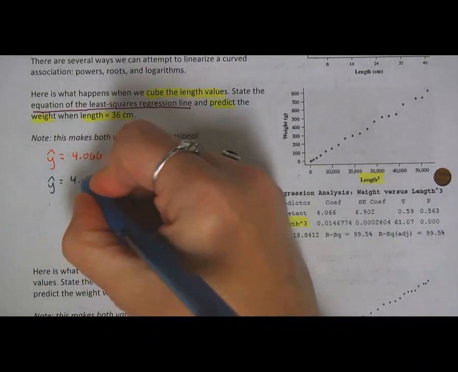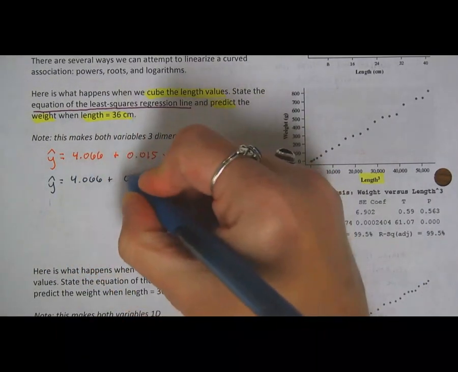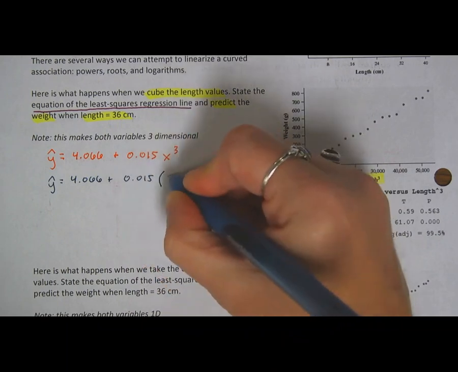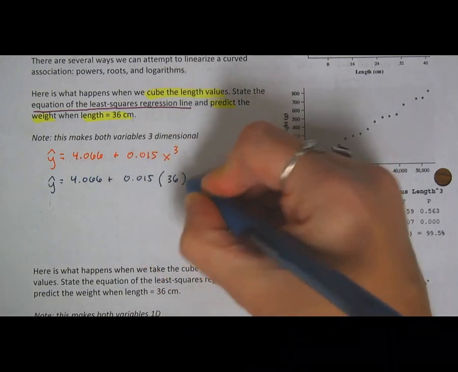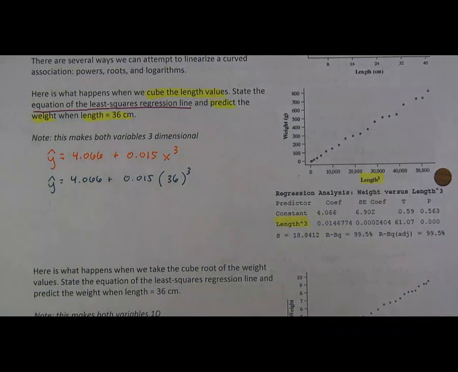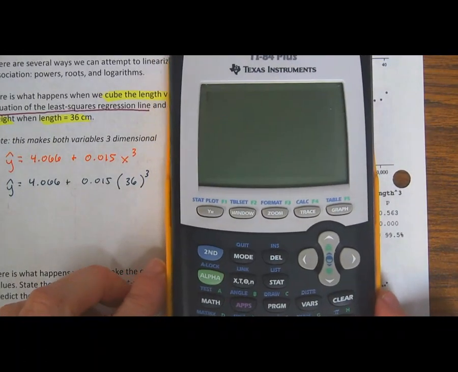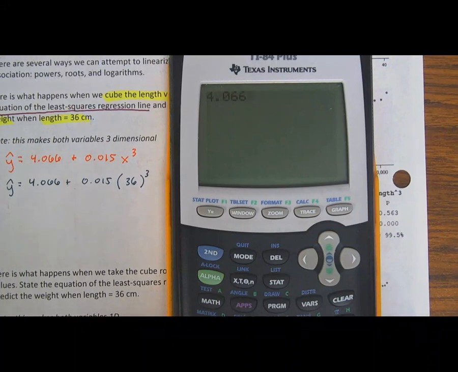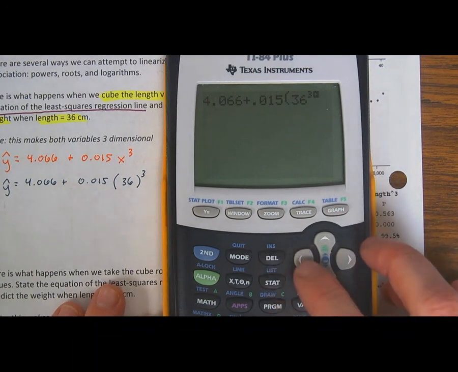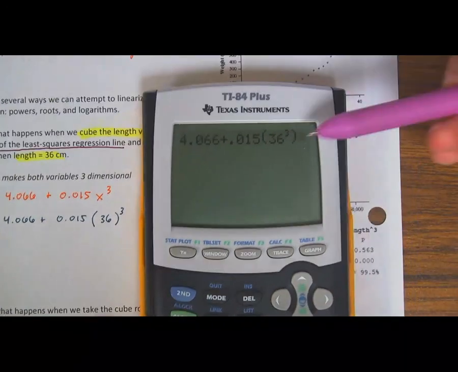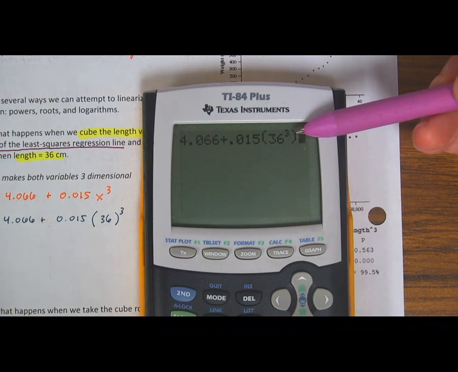So that's 4.066 plus 0.015 times 36 raised to the third power. Grab your calculator. Is everybody comfortable with how to put to the third power in the calculator?